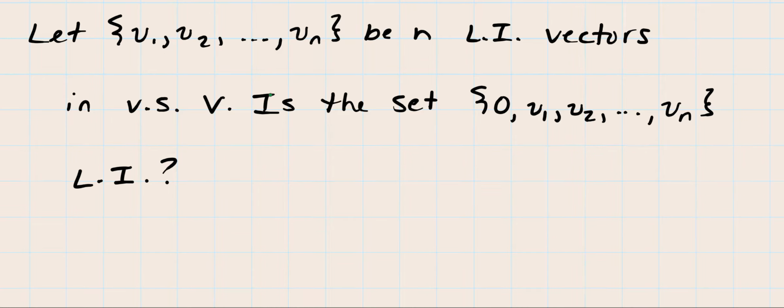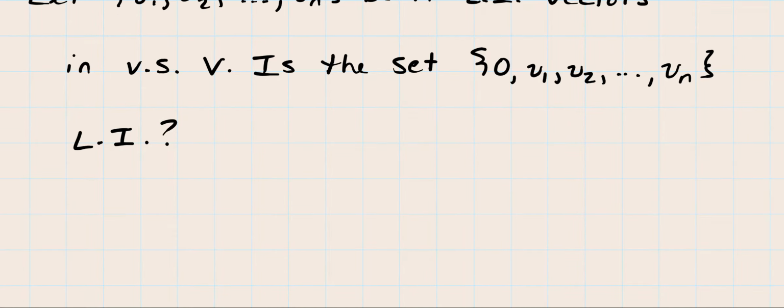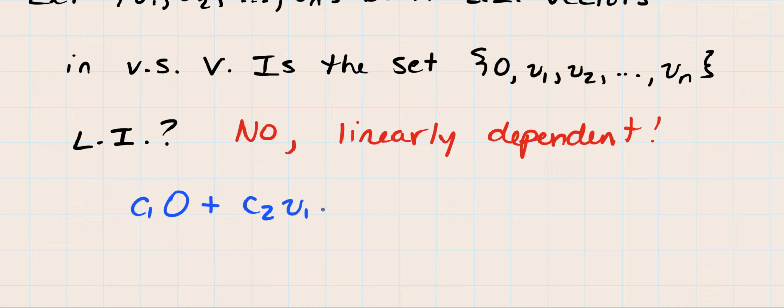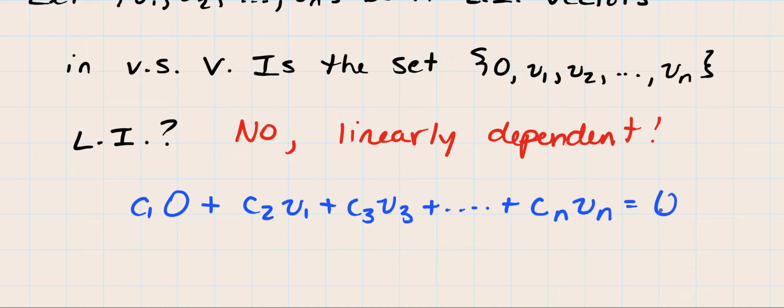Okay, so it turns out that they're linearly dependent. Why is that? Well, if I put a C0 times the 0 vector plus C1 V1 plus C2 V2, and so on, set that equal to 0.